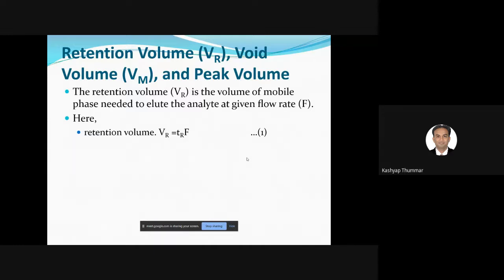So retention volume: if my retention time is 7 and flow rate is 1 ml per minute, then 7 into 1 gives 7 ml. So just 7 ml is required for the retention volume of my peak. Similarly, void volume.